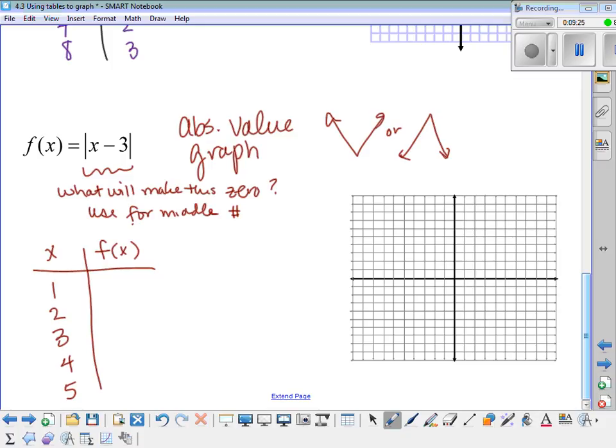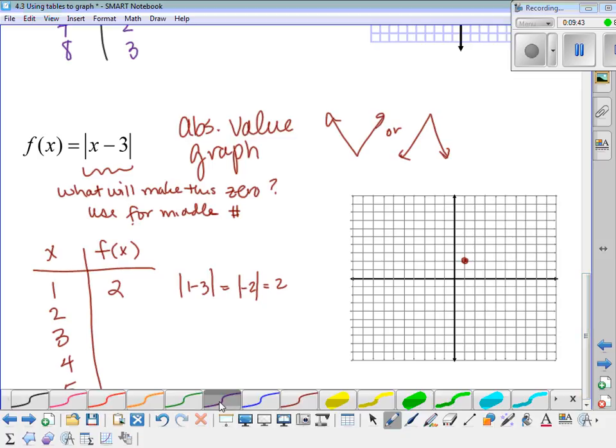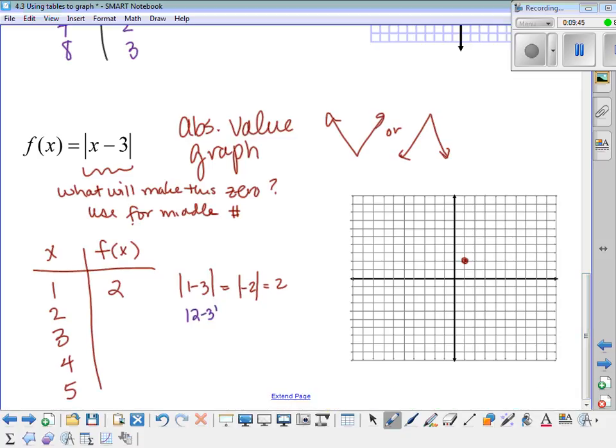All right, so if I plug in a 1, I have the absolute value of 1 minus 3, which is the absolute value of -2, which equals 2. So 1, 2 would be my first point. Then I plug in a 2, so the absolute value of 2 minus 3, which is the absolute value of -1, which comes out to +1.